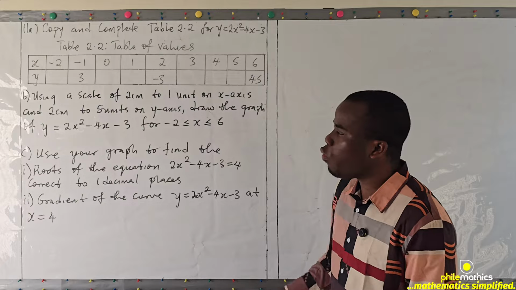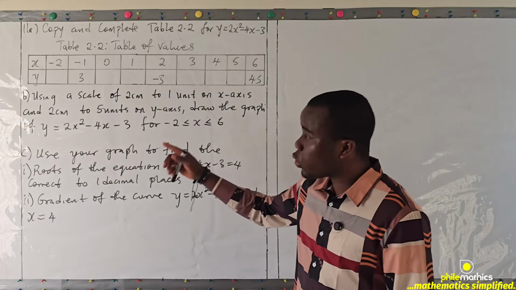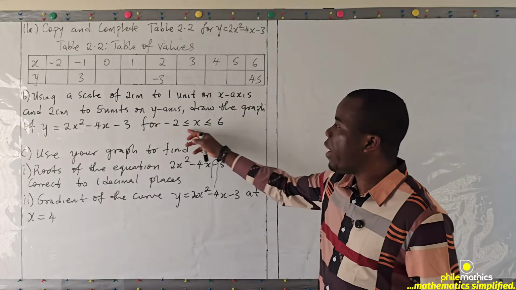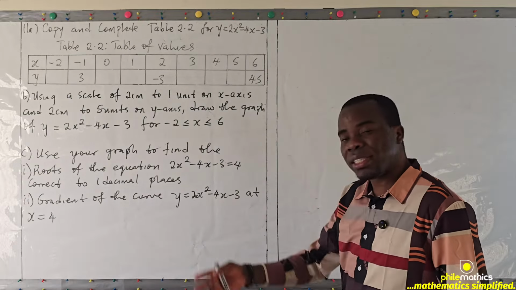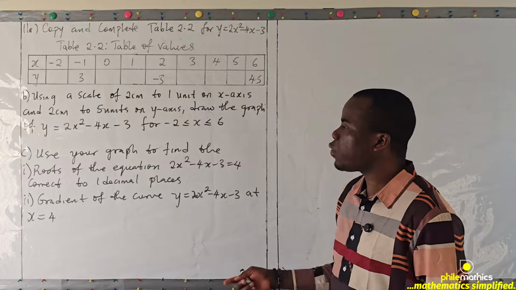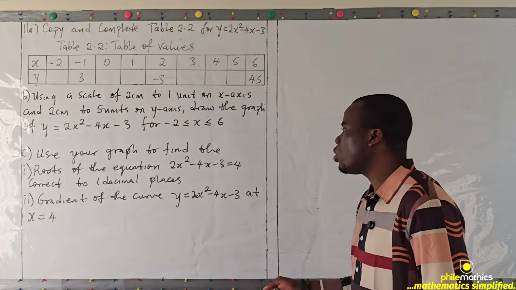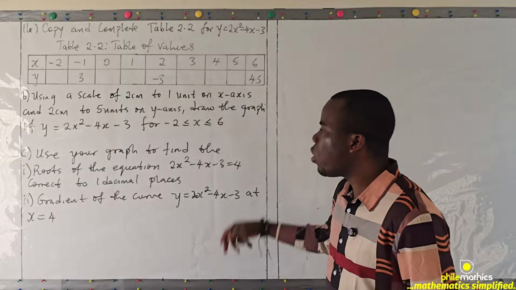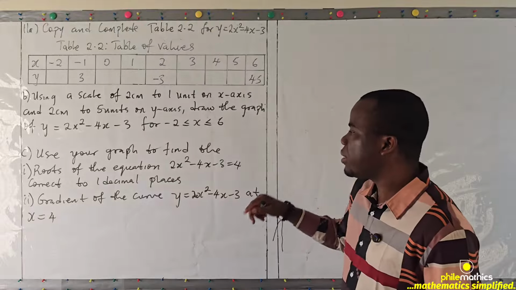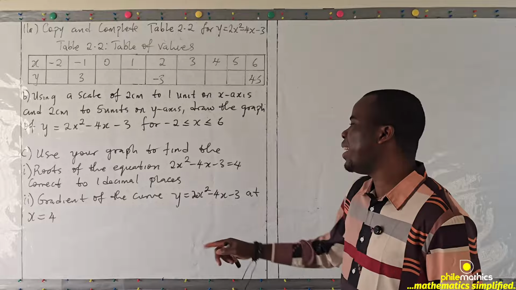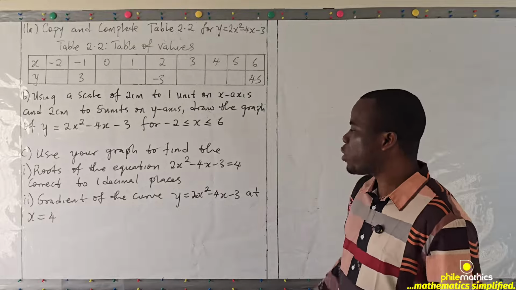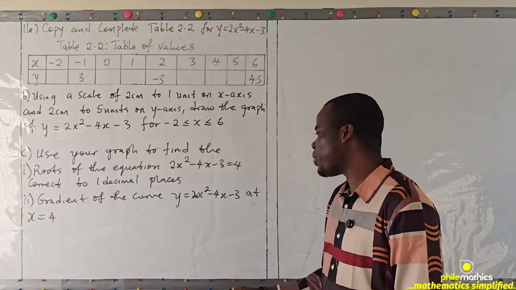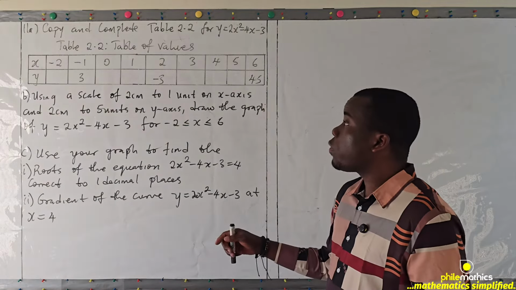Draw the graph of y equals 2x squared minus 4x minus 3 for x values ranging from minus 2 to 6. And then use your graph to find the roots of the equation 2x squared minus 4x minus 3 equals 4, correct to 1 decimal place, and then the gradient of the curve y equals 2x squared minus 4x minus 3 at x equals 4.